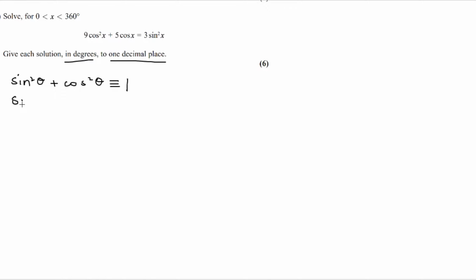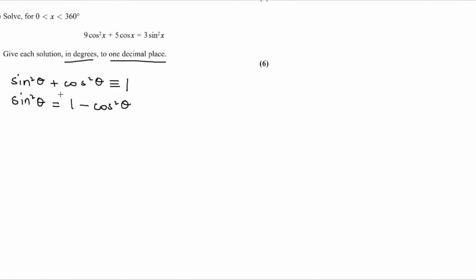I can say that sine squared theta equals 1 minus cos squared theta. Because we have these terms in cos, and we can't really change them to sine, that is why I chose to write sine squared x in terms of cos squared x. Here I should have written x, but you get my point.